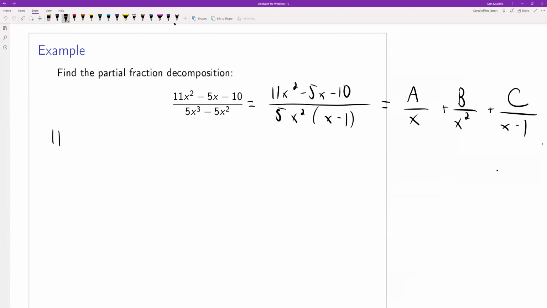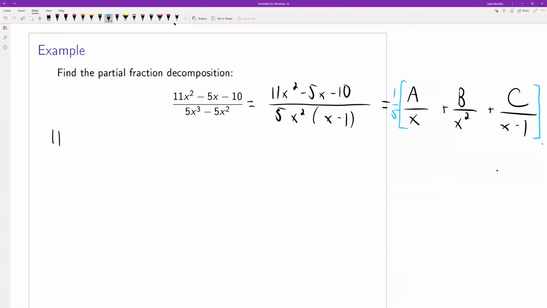Because a factor is repeated, we will have to ascend and do x and x squared for this factor. We will then just keep the 1/5 out front of the entire thing. We could choose to bring it inside and include the 1/5 on any given piece, but we're going to pull it out of everything, just to make our life a little bit easier.